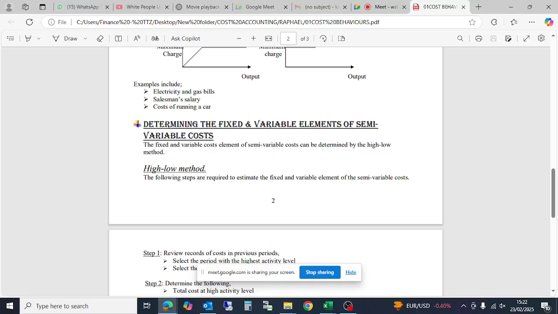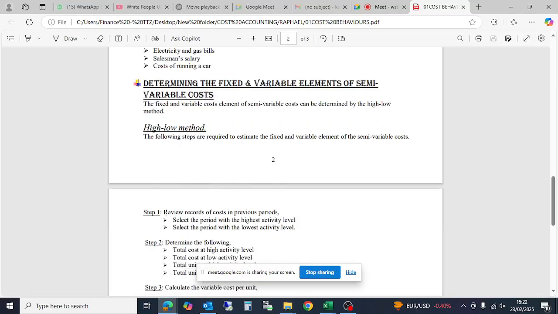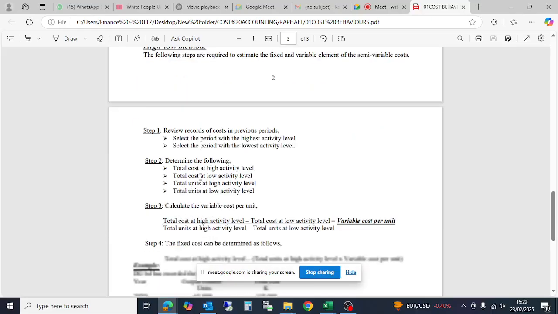We have a number of steps here in the document that I shared with you. I'm actually imagining if it was me, I feel that if I were to just read this, you won't understand. If I just say the steps are number one, select the period with highest activity level.